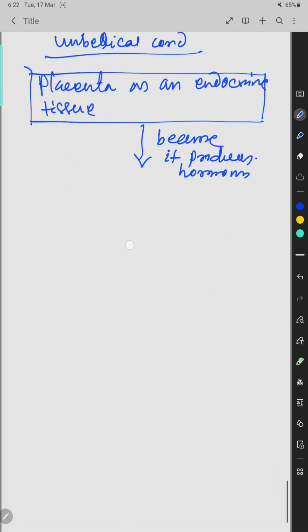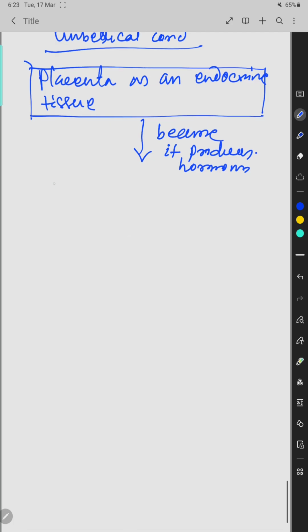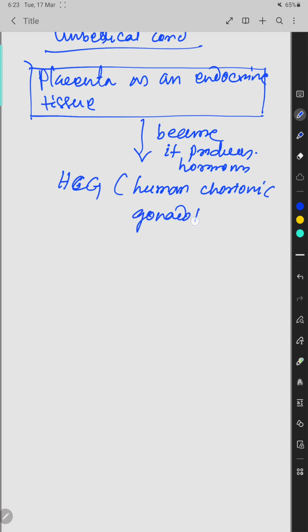So what are those hormones? The hormones are HCG, human chorionic gonadotropin. Okay, so HCG, then HPL, this H will be small h.